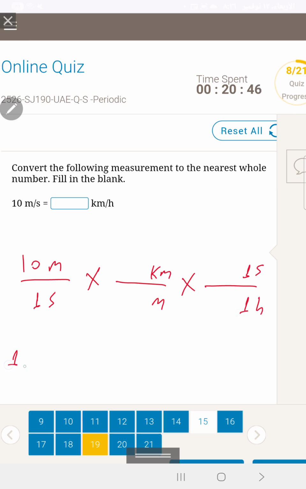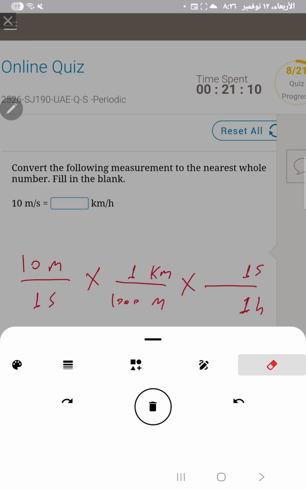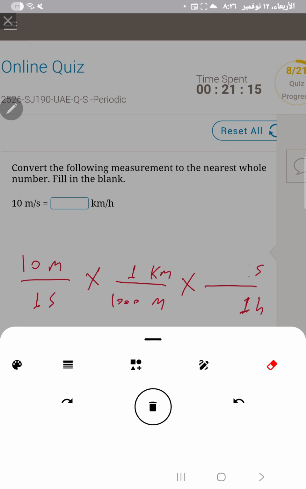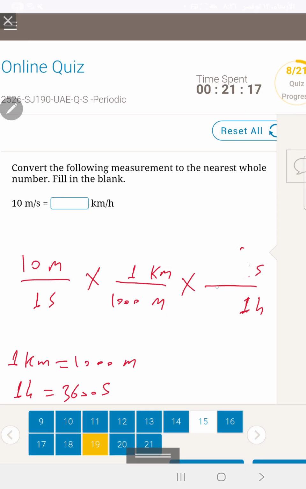Next, I know that 1 kilometer is 1,000 meter. So here I have to put 1, here 1,000. I know that 1 hour is equal to 3,600 seconds. So here I have to put 1 hour down and 3,600 up.